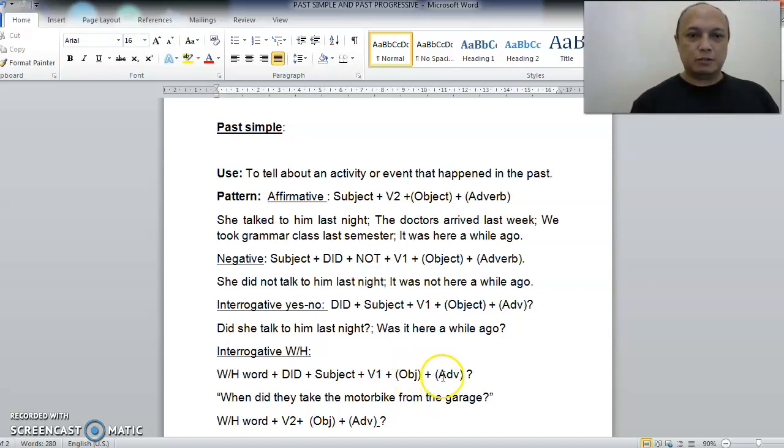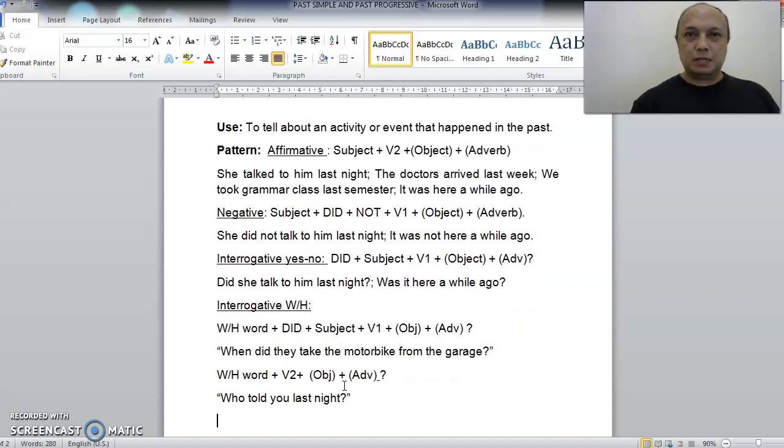Then you have object and adverb if necessary. For example, when did a man take a motorbike from the garage? When is the WH word, it starts with a W. Did is the auxiliary, and then you have a man as the subject, take as verb 1, motorbike is the object, from the garage is the adverb. Yes, that's the pattern for the WH question.